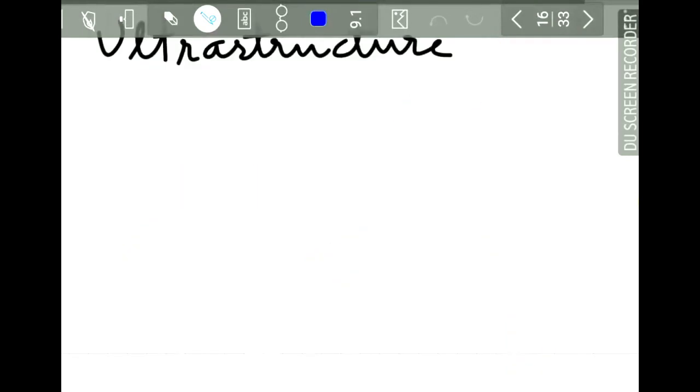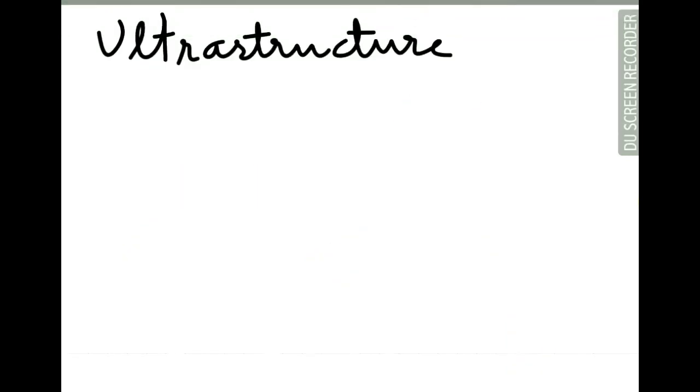Let's study the ultrastructure of enamel, that is, how enamel looks when viewed under electron microscopy. The enamel rod's shape can be well appreciated as a keyhole shape under electron microscopy.